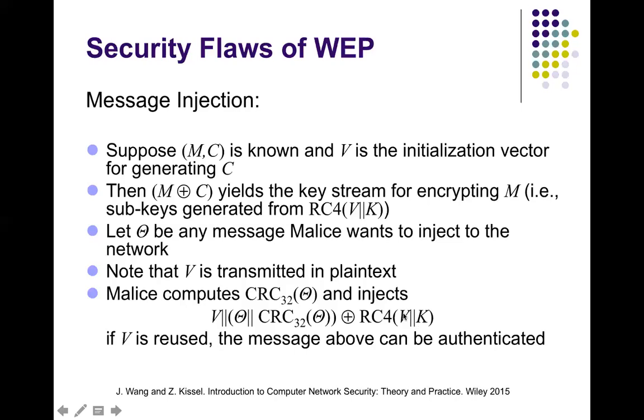And we know that this initial vector is only 24 bits. So 2 to the 24 is a small number. So you don't have to wait for too long to see that V being repeated. Okay, so this is how a packet can be injected.